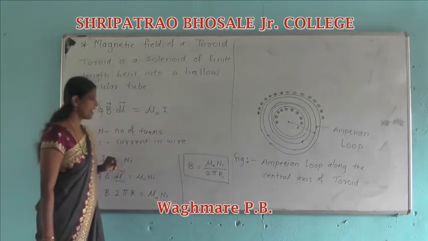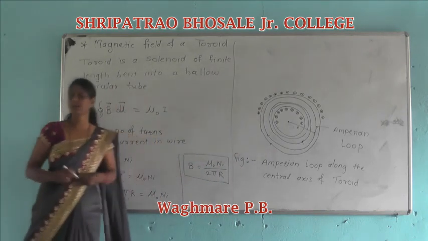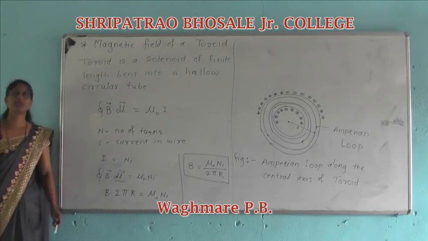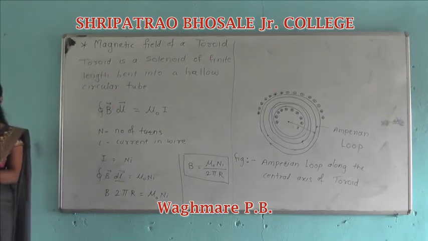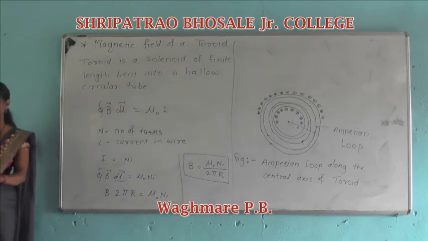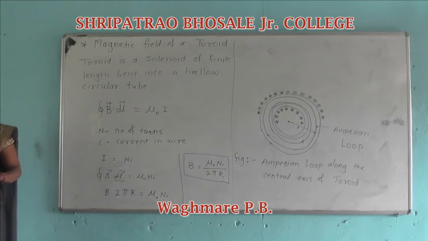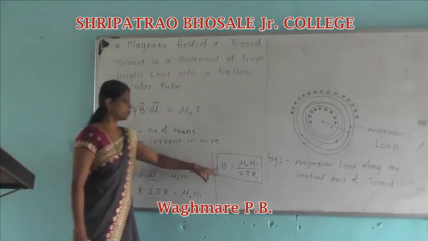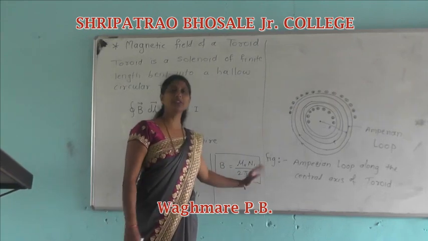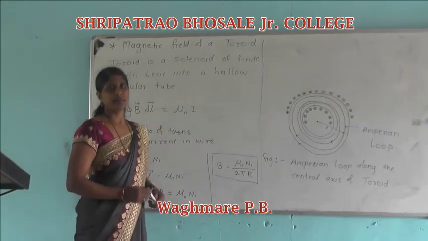The magnetic field is not uniform here; it is inversely proportional to r. Thus, unlike the solenoid, the magnetic field is not constant over the cross section of the toroid. It is inversely proportional to r.